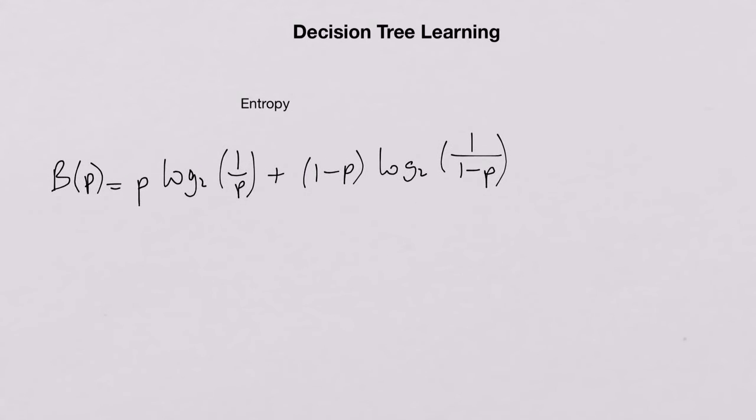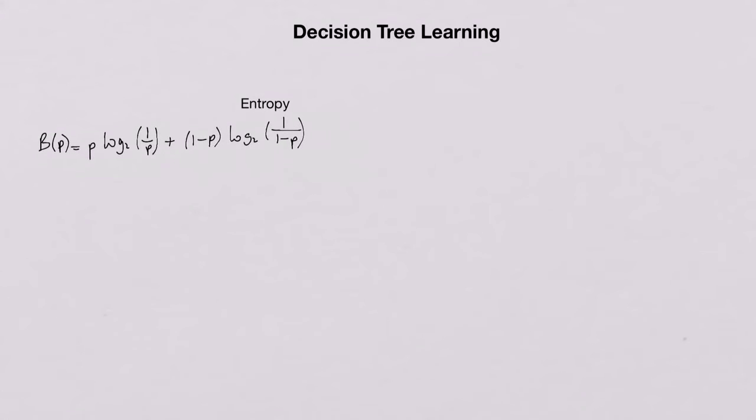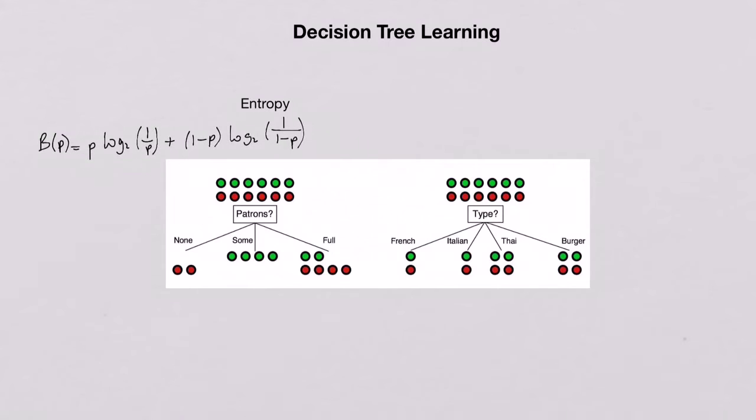In this way we can look at the example of the restaurant waiting. Here we have our example, and we see that in the distribution of the whole population, half of our examples have waited for a table and half haven't waited, so this is our before situation.